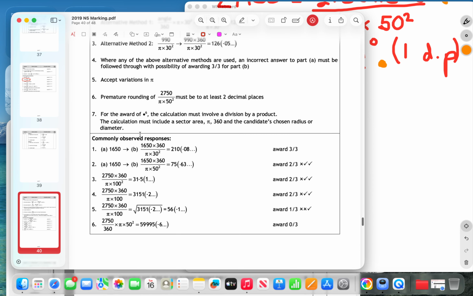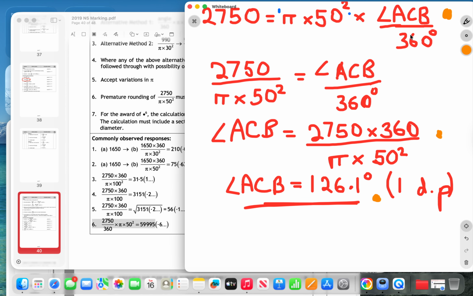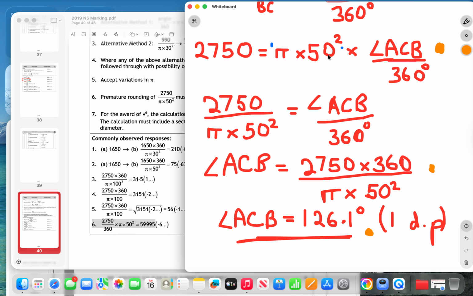And the other one, number 6, is a mistake regarding the rearranging of the equation. So, this part down to here, many people cancelled wrong and did the wrong operations, and they put 360 on the bottom instead of on the top.